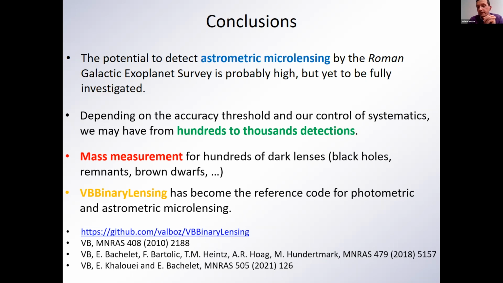So this would be very useful to have an understanding of what we are doing season by season. I think this is possible and this is feasible. And of course, if we also have astrometry, this can give additional constraints and also help in microlensing interpretation. We should not forget that sometimes we have degeneracies in the photometric light curves that can be broken by astrometry. So this can be a very useful add-on.